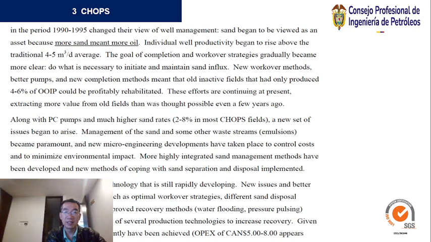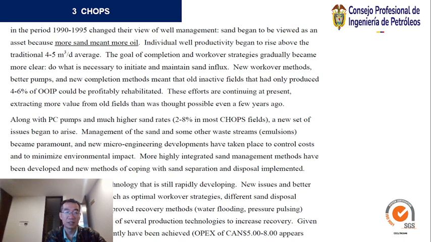More highly integrated sand management methods have been developed, and new methods of coping with sand separation and disposal implemented. CHOPS is a new production technology that is still rapidly developing.